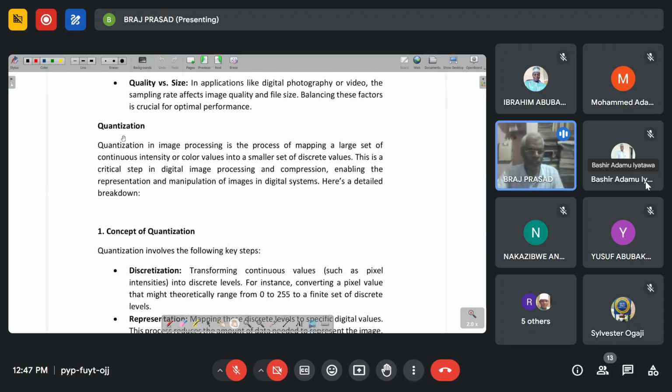Then there is another type, quantization.